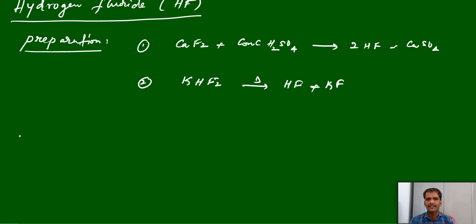And the properties. HF is a colorless corrosive liquid. HF is present in the liquid form, whereas the remaining halides are gases.